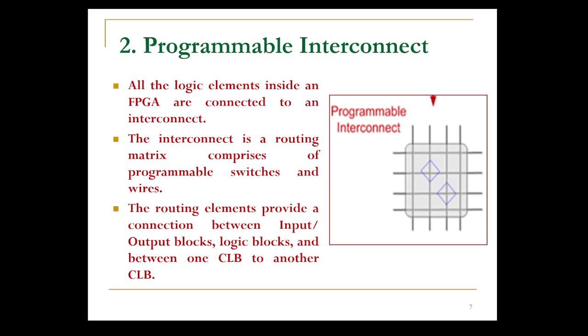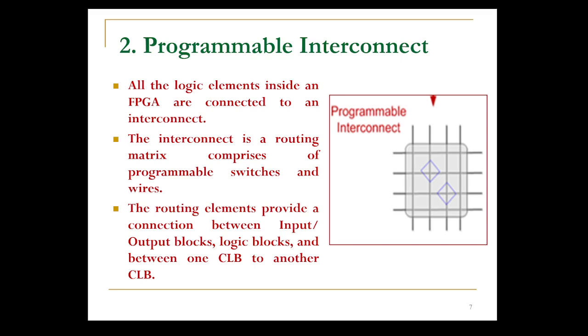The second one is the programmable interconnect. All the logic elements inside an FPGA are connected to an interconnect. Interconnect is nothing but a wire which connects internally within the CLB, like LUT, multiplexers and flip-flop as we discussed in the previous slide.